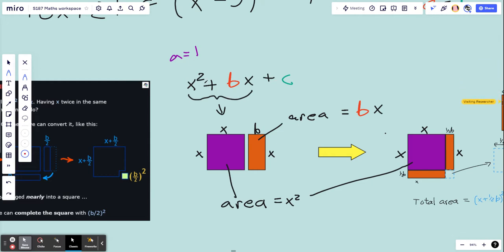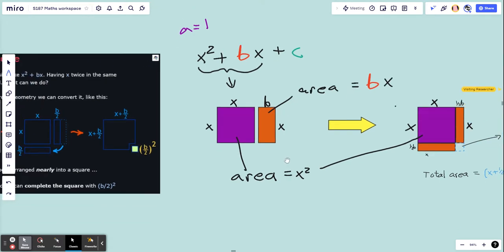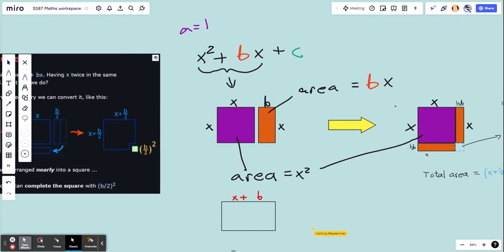So we take just part of the equation, x squared plus bx, and we forget about the c to start off with. And we imagine that this is an area. So imagine a rectangle where the dimensions would be x plus b multiplied by x.